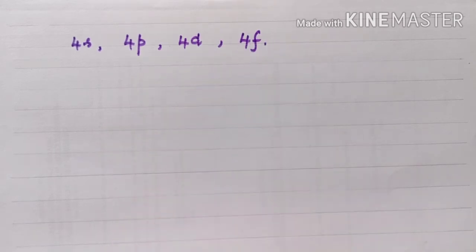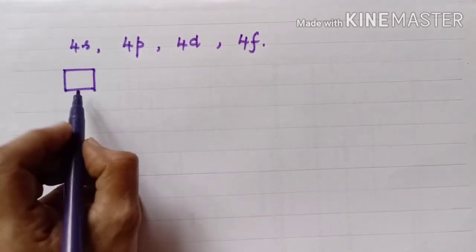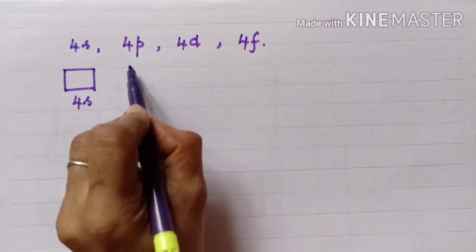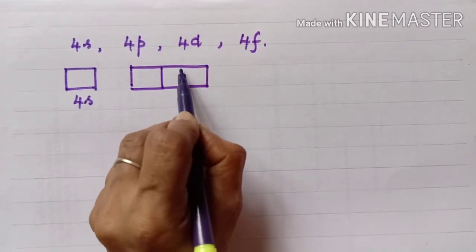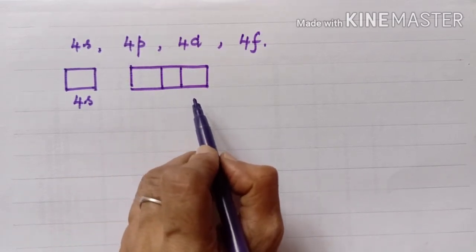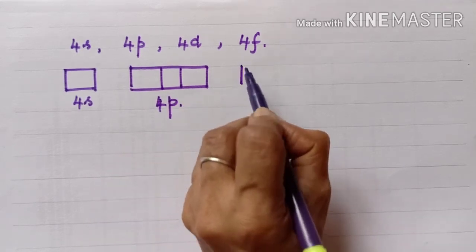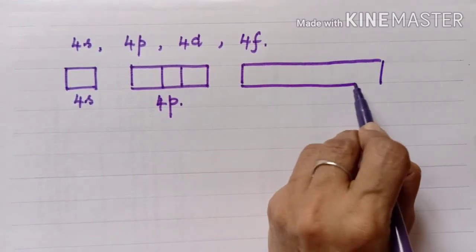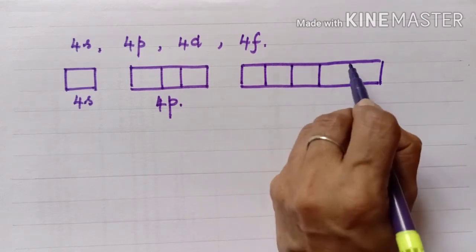We shall see what the maximum capacity will be. 4s is only of one variety. 4p, on the other hand, are of three different types: 4px, 4py, 4pz. 4d will have a total of 5 different orbitals: 1, 2, 3, 4, 5.